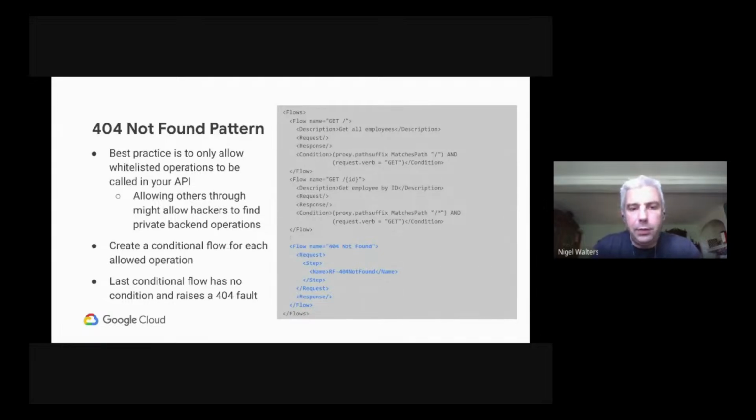Be aware as well, the one thing you probably want to do is include this 404 not found pattern, which essentially means that you're using this for any request that comes in that doesn't conform to one of your conditional rules.